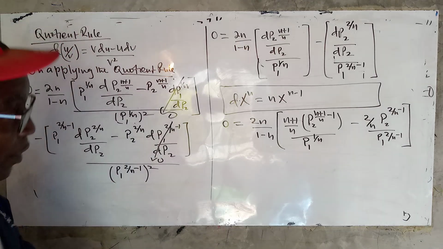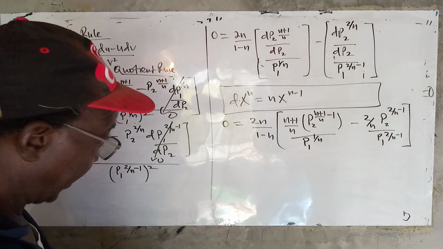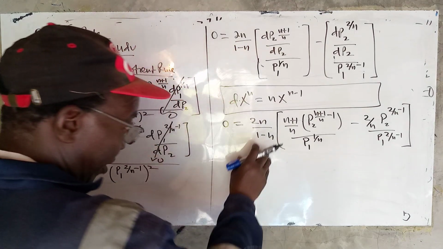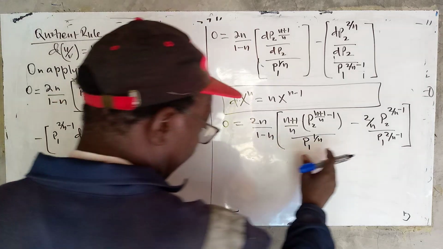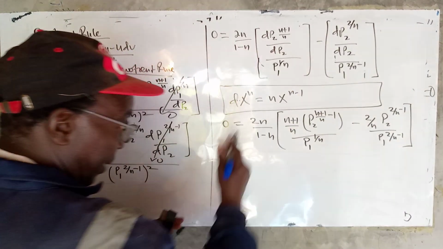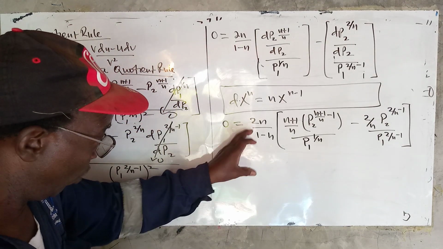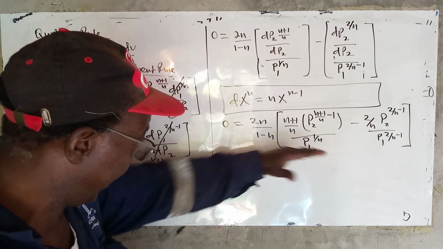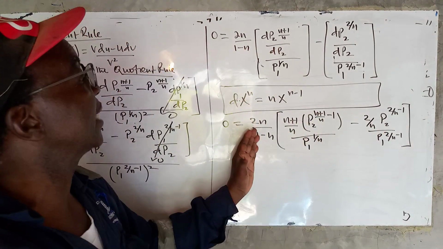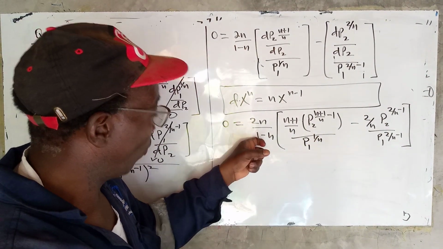So the things we are improving, we are getting there. So we have these particular terms. And of course, we can take this quantity to this side so that the negative becomes positive. 2n over 1 minus n is multiplied by this quantity there. When we take it to that side, we can cancel both 2n over 1 minus n.